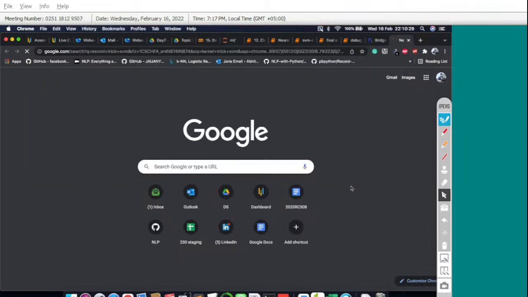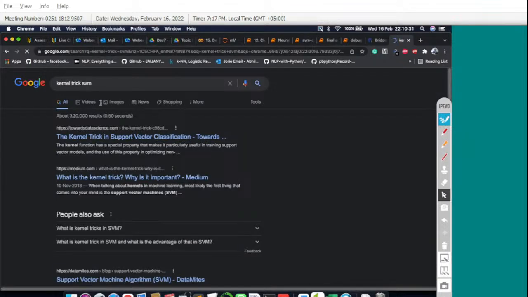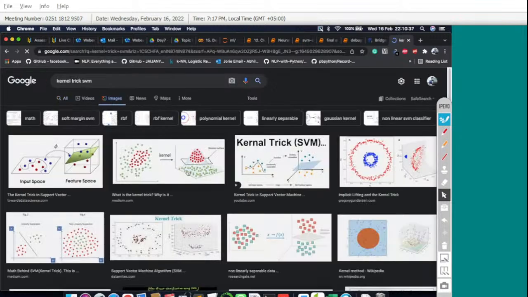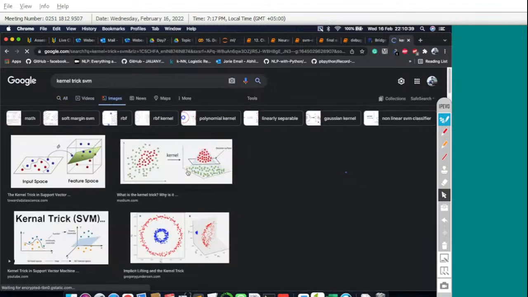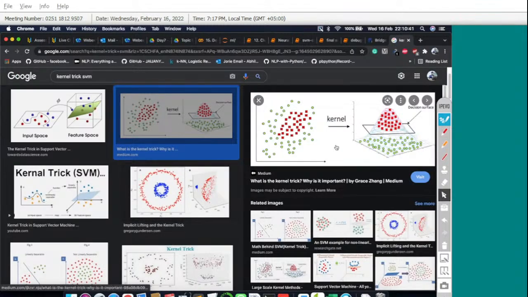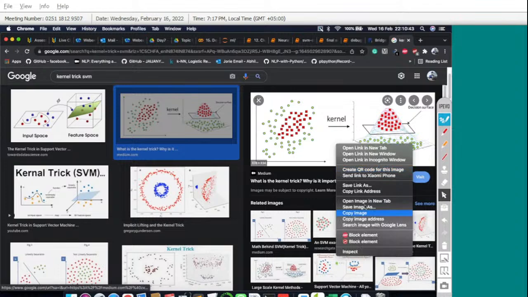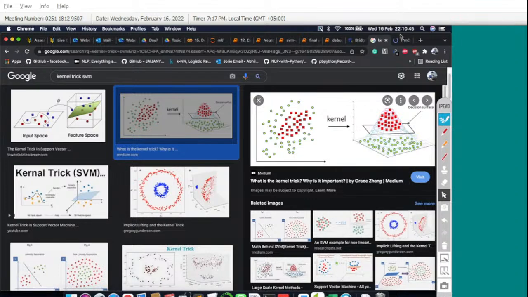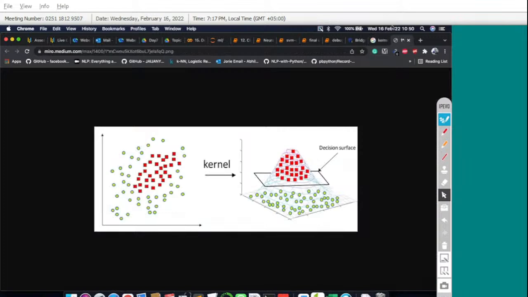Kernel trick SVM. We project this data to another dimension, the third dimension.